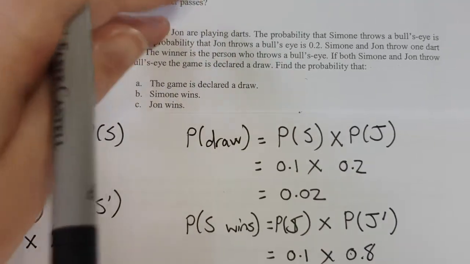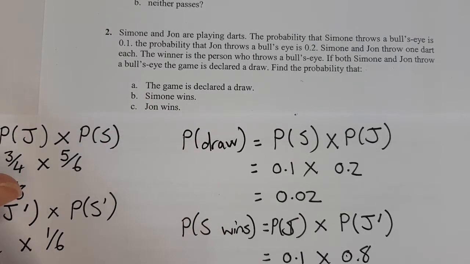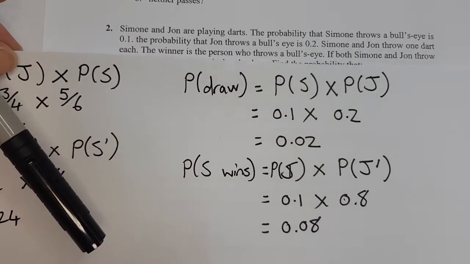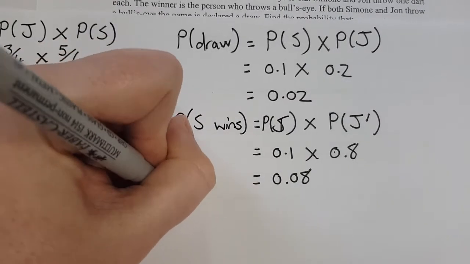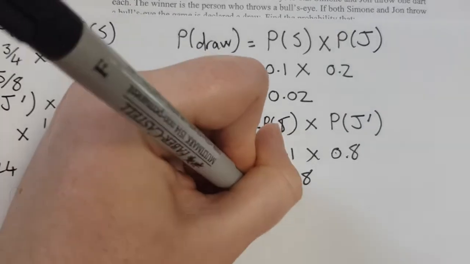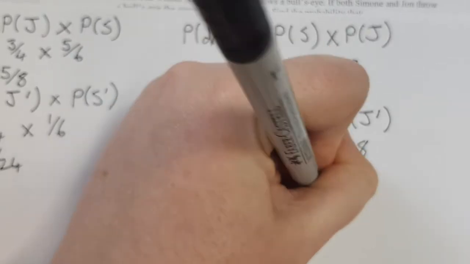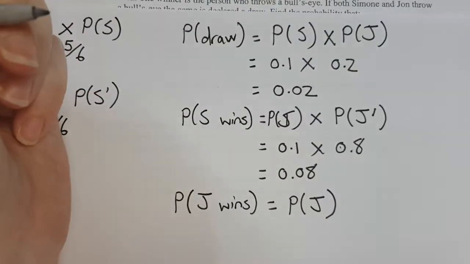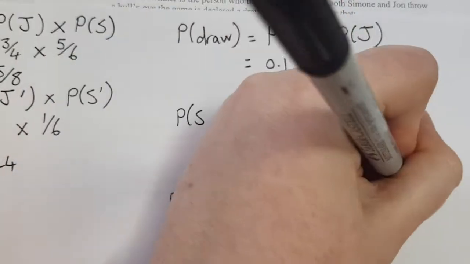And then our last part of that question is the probability that John wins. So if John is going to win, that means we want the probability that he got a bullseye and that she didn't. So that's the probability of John getting his bullseye and the probability that Simone does not.